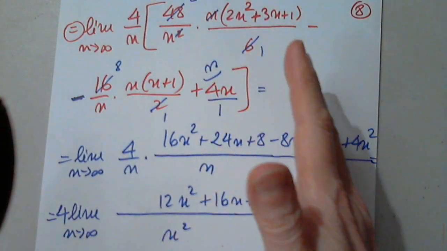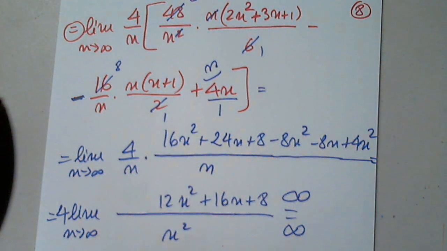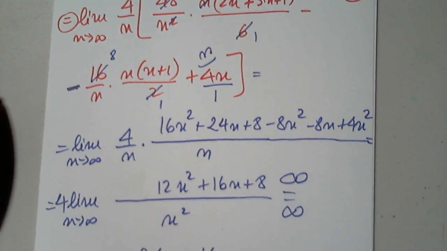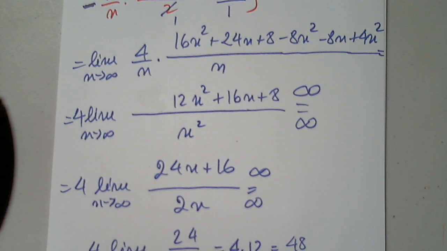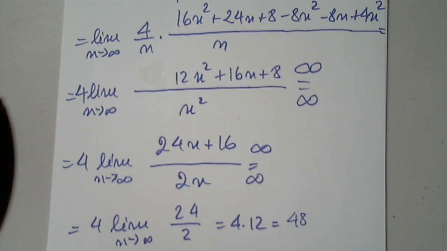The books had a slightly different method. If you like the method in the book, please use it. I don't have anything against it. I think that this is clean, but if you have other shortcuts that work, I'm fine. So this is finding the exact area under a graph using the limit of the Riemann sum.